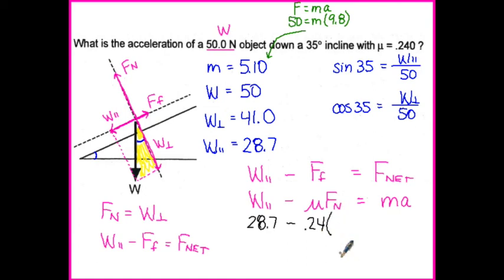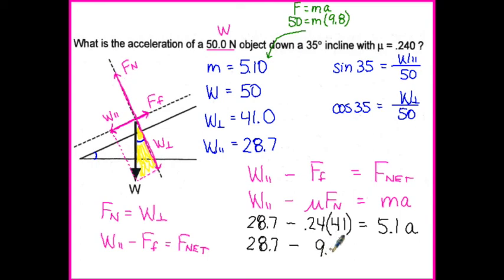Here's a common mistake. Normal force was almost always equal to weight. It's not. Normal force is equal to weight perpendicular. So make sure you're putting in normal force is 41, not 50, 41. Mass is in my list, 5.1. And this is the acceleration of the object, and that's what we're looking for. So now it's just a math problem.